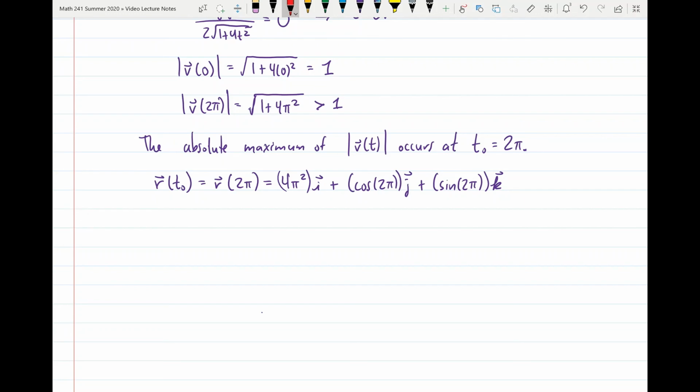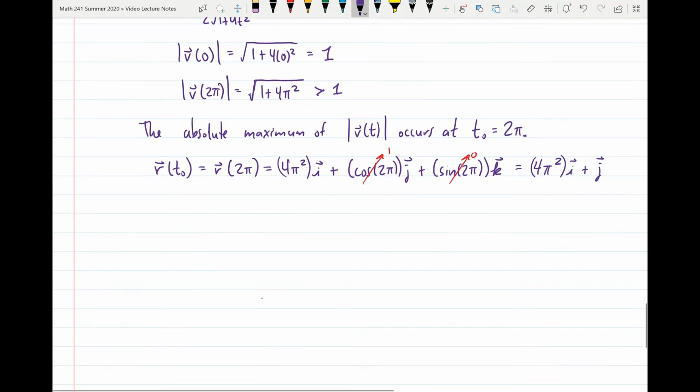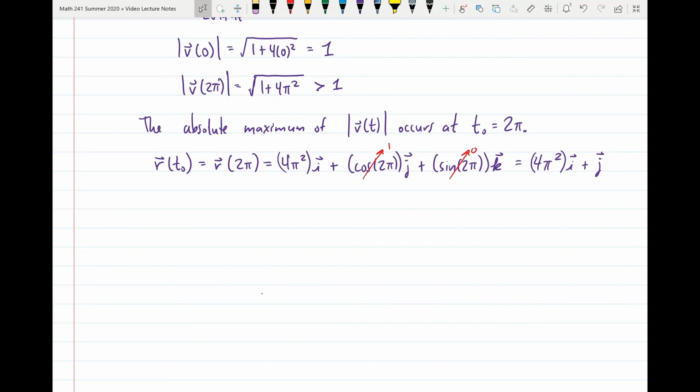And now sine of 2 pi is just equal to 0, and cosine of 2 pi is equal to 1. So we get that the position of the particle is equal to 4 pi squared i plus j. And if we wanted to write this as an ordered triple, then the point at which the particle is located is going to be (4 pi squared, 1, 0).